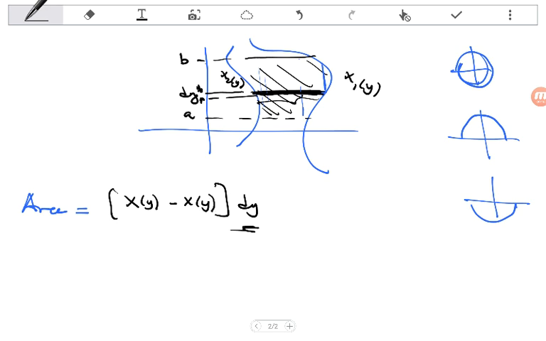Which is first? We take the right one, so this is x right and this is x left. The right function minus the left function. Why? Because on the right side we always have the greater value. For any two numbers, the one on the right is greater than the one on the left. So for the area to be positive, we need the right curve minus the left curve.